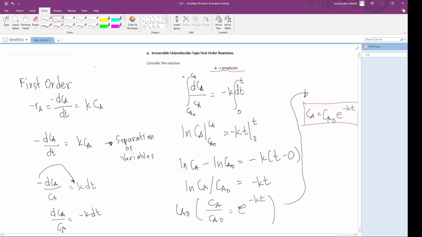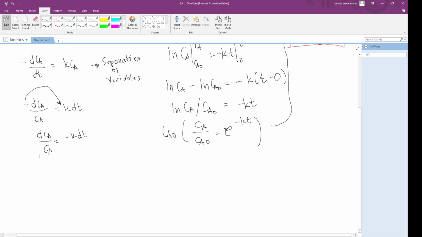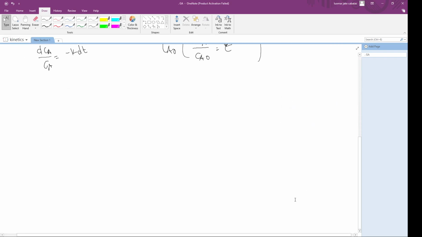But in terms of conversion, if you remember, next we have it in terms of conversion.